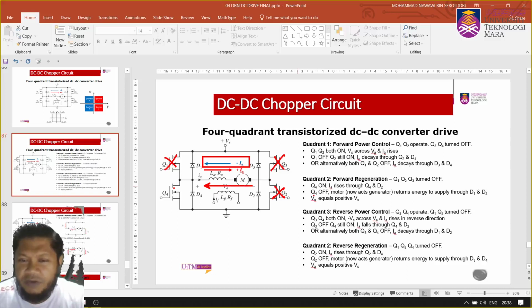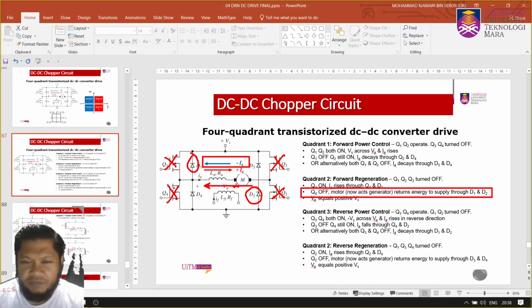But now Q4 is also off. So it's going to flow in the direction of D2 and D1 back to VS. In this state here.